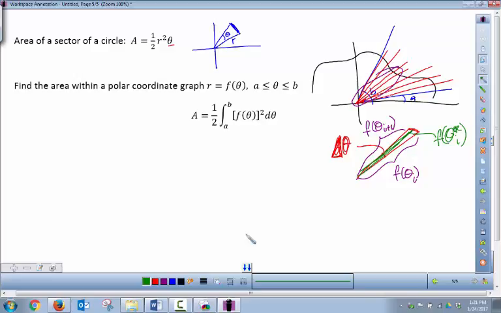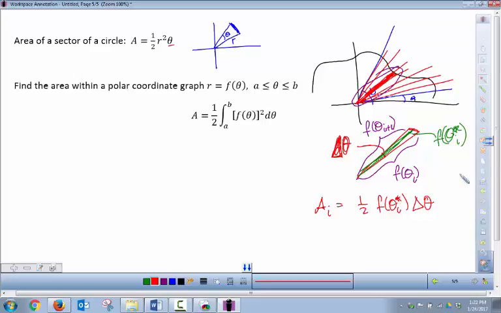And so this little piece of sector has an area, area sub i, that will be 1/2 the radial distance f of theta sub i star, squared, and then our angle is delta theta.